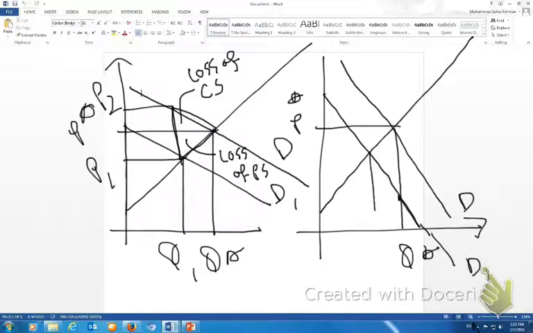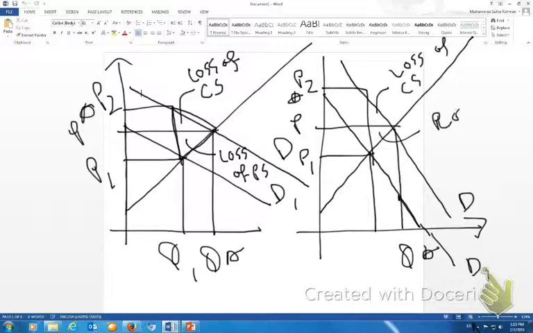The new market equilibrium price is P2. The price that the producer receives is P1, and then this is the loss of consumer surplus, and this is the loss of producer surplus.